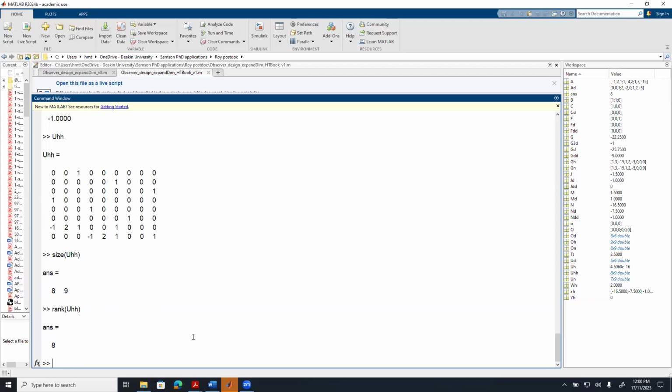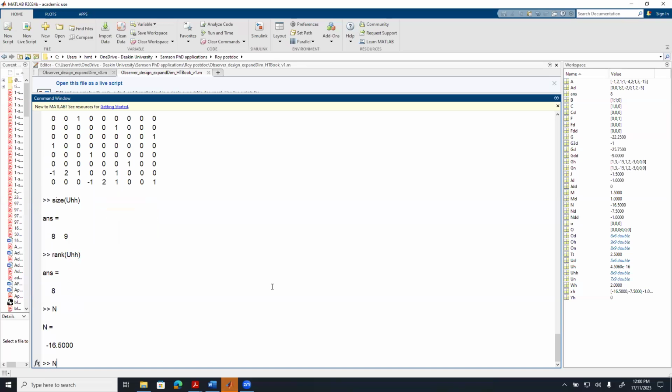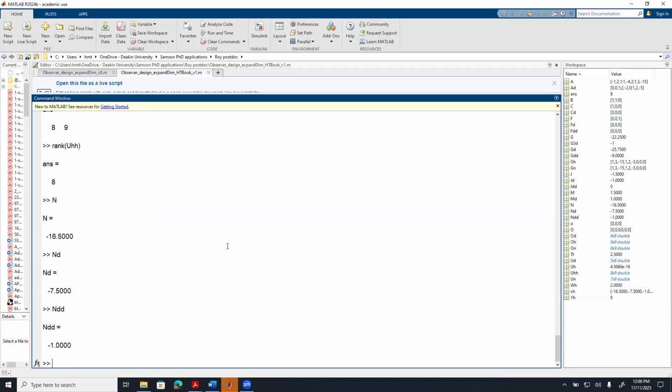So when we solve for the solution, we didn't get any extra freedom in there. And therefore, the error time delay system consists of only the fixed matrices N, ND, and NDD. The good thing about this is this error time delay system is stable.